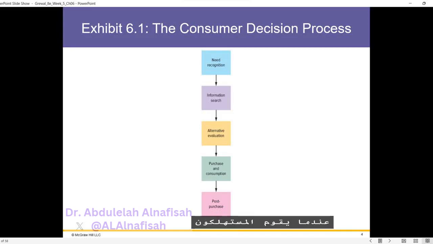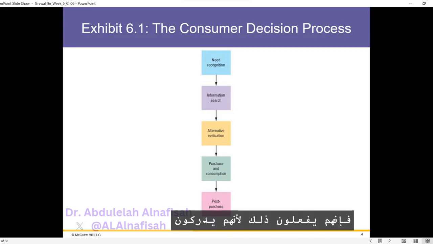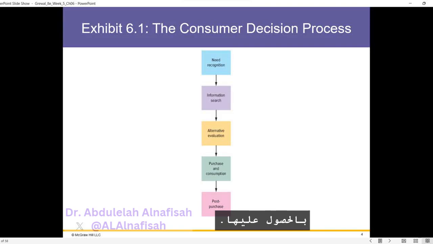When consumers make a purchase, they do so because they perceive it to be the better value for them compared to alternative options. This perception of value is influenced by various factors, such as the benefits they expect to receive from the product or service and the costs associated with acquiring it.